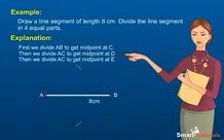Step 3. With the same radius and with B as center, draw another arc using compasses. It cuts the previous arcs at P and Q. Step 4. Join PQ. It meets AB at point C. Now, we again divide AC and BC following the same steps.